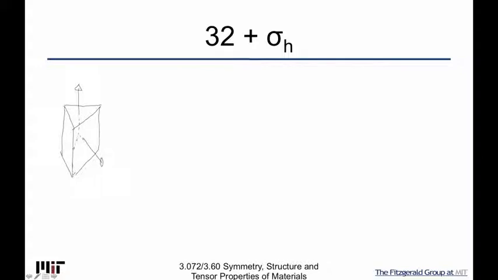Then I have a twofold axis coming out of this edge, right? So then there's another one coming out of this face and another one going out of that edge. So when I look down with my eye down this way, that's where we get our stereographic projection with no inversion center or anything like that.